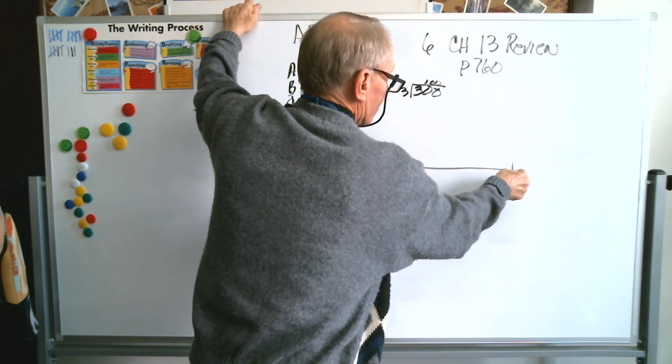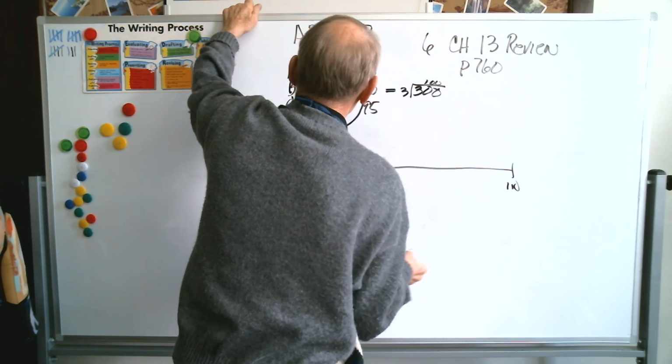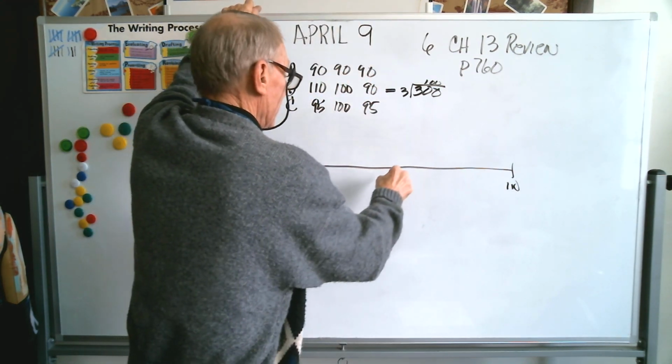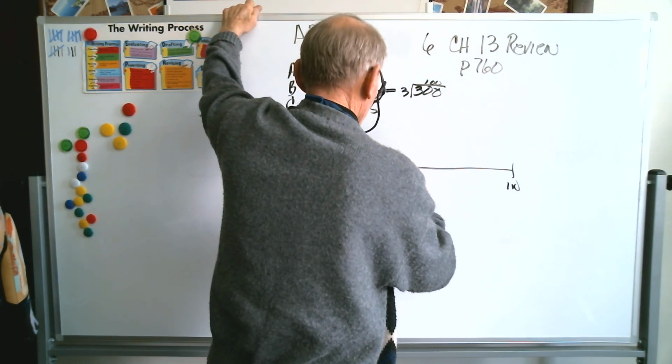So on our number line, we go up to 110 from the low point of 90. So this would be my 100.